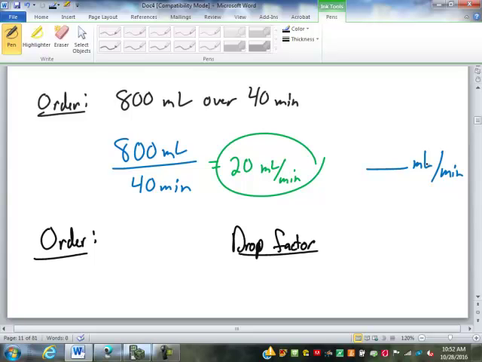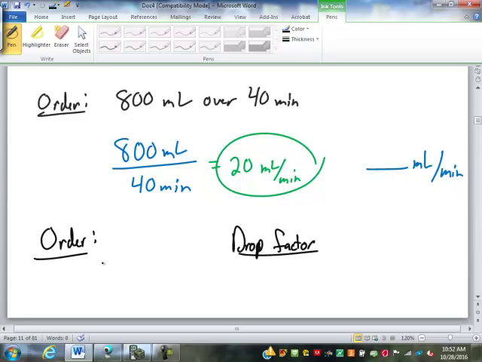Generally, drop factors will range, for medical purposes, usually from around 8 to 20. I've seen drop factors in substances go as low as like 4 drops per milliliter and as high as about 50 drops per milliliter. But most of your medicines, like I said, are between that 8 and 20 drops per milliliter range. So that's what our drop factor is describing for us.